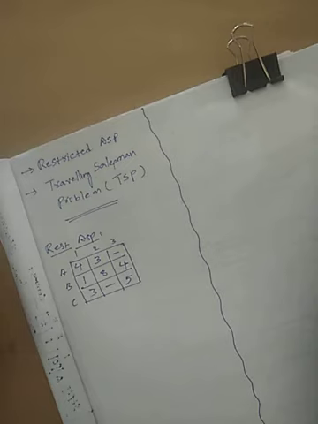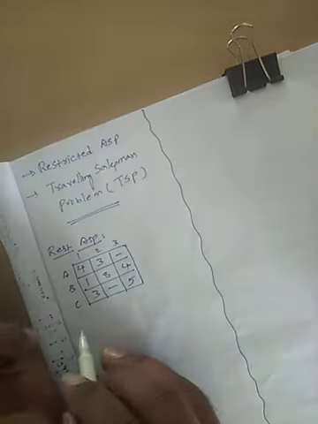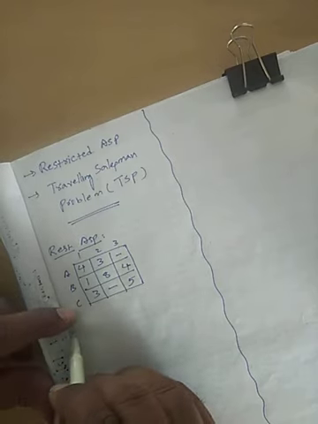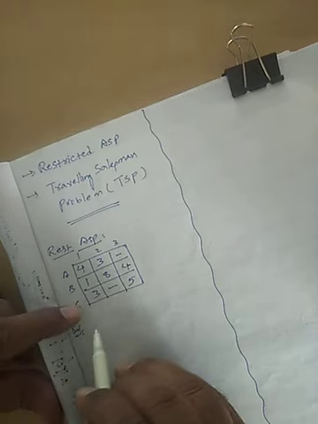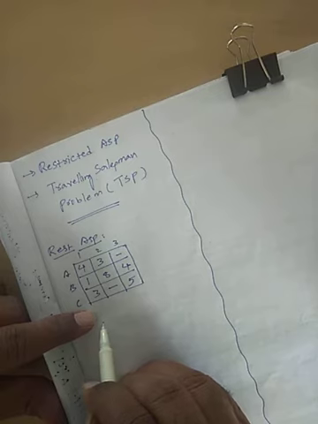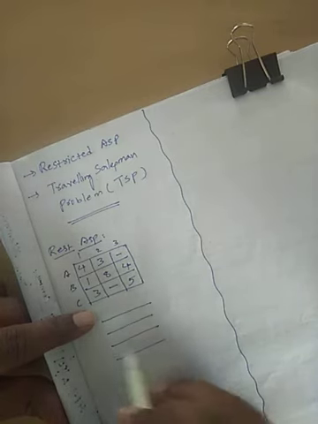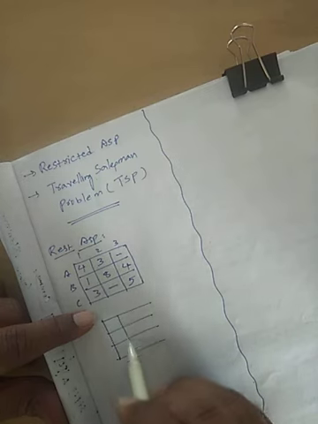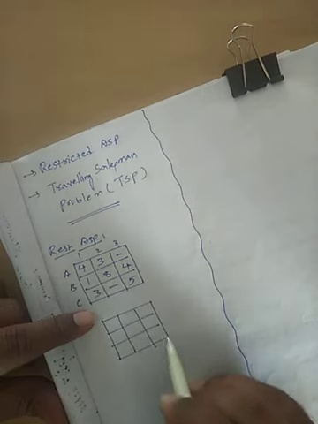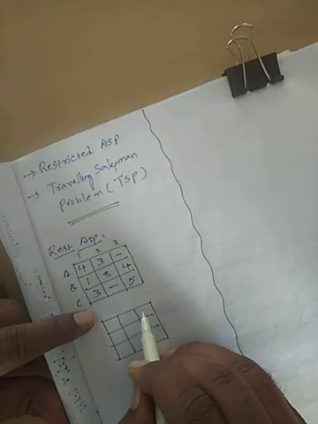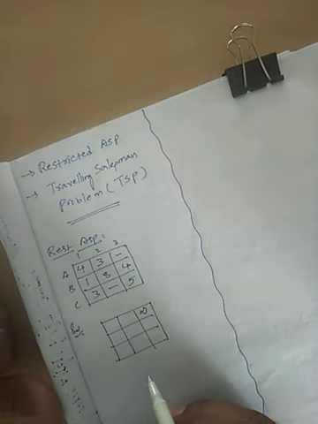Whenever a restricted problem is given, we rewrite the problem as follows. While rewriting, wherever blanks are there, I use one symbol, you know very well, that symbol is nothing but infinity.